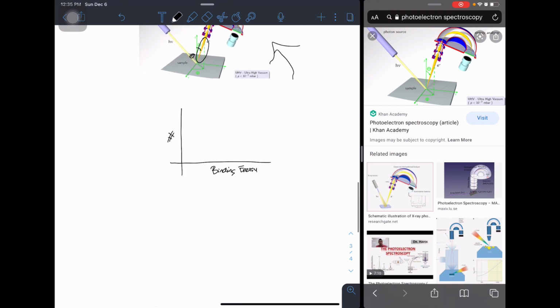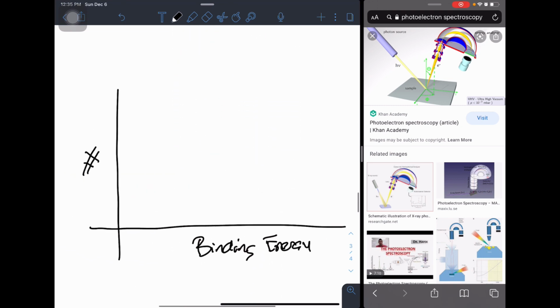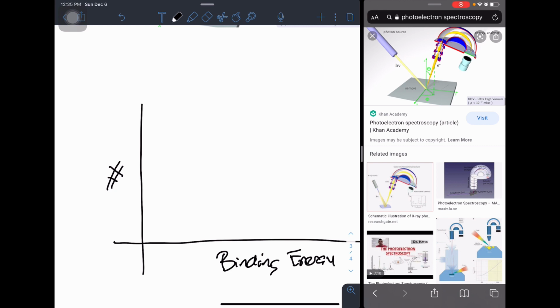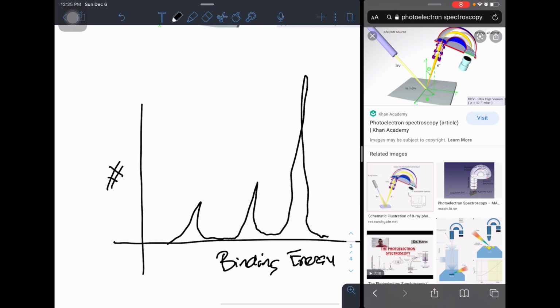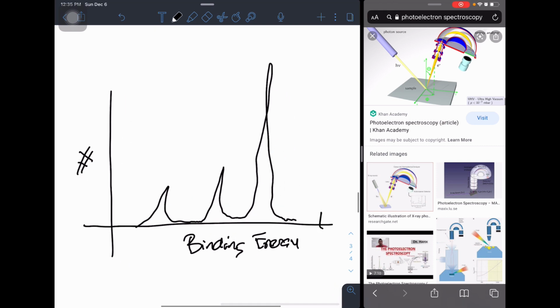So over here, let's say we had this. Typically the origin will be on this side and it'll increase going this way.